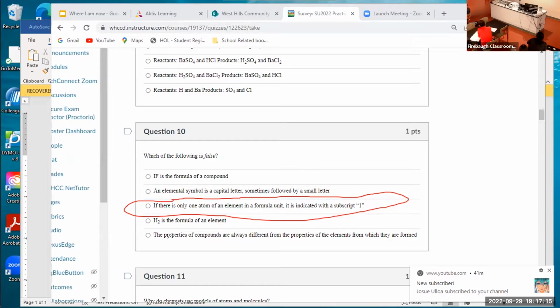That's true. Because think about H2O, right? Water and oxygen, are they the same? If they say something is always, it should be always. I don't know about that. But in this case, it's true, right?